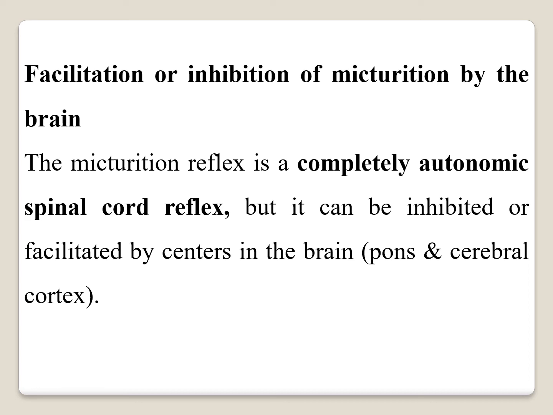Facilitation or inhibition of the micturition by the brain: only one point I wanted to convey, which is important at your level, without going into more detail. Normally the micturition reflex is a completely autonomic spinal cord reflex. This is important, I hope you got this information. But it can be inhibited or facilitated by centers in the brain, such as the pons and cerebral cortex.